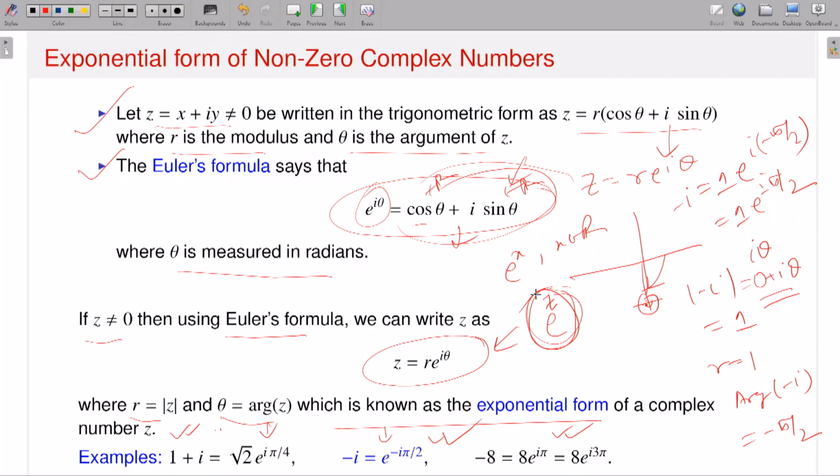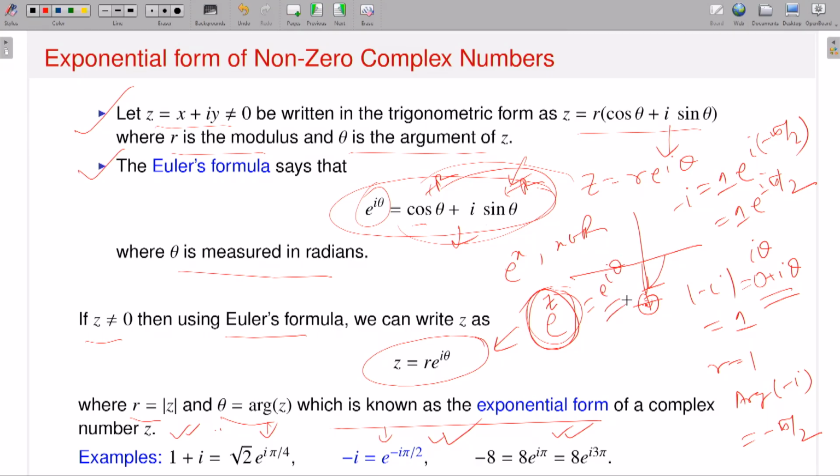For that I need some machinery: the notions of analytic functions, differentiability, and power series. Once I have that, you replace z by i theta, and you will have the meaning of e to the power i theta.